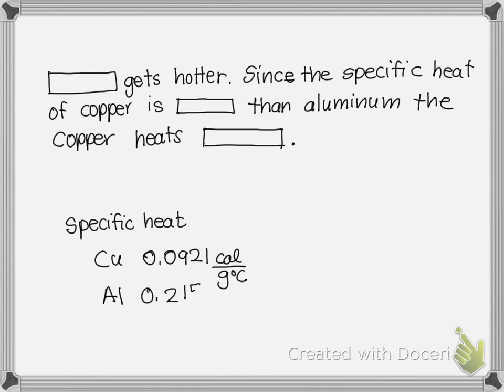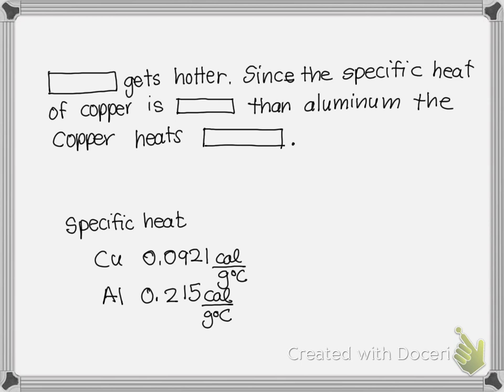You don't have to memorize these. And so what the specific heat tells me is the lower the number, the less energy it takes to heat that substance up. So copper, because it has a lower specific heat, will take less energy than aluminum to heat up.